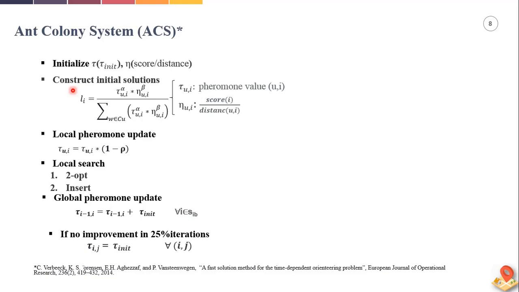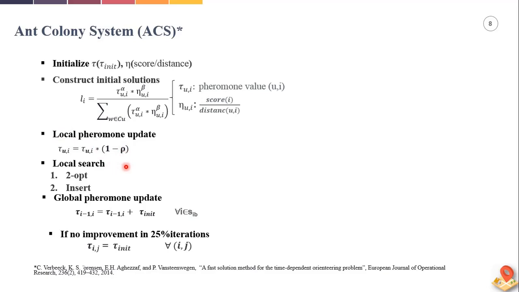Until the time limit of the problem allows, by probability and roulette selection, one vertex is selected and added at the end of the route. Then, the pheromone value of the edges in the route is evaporated.